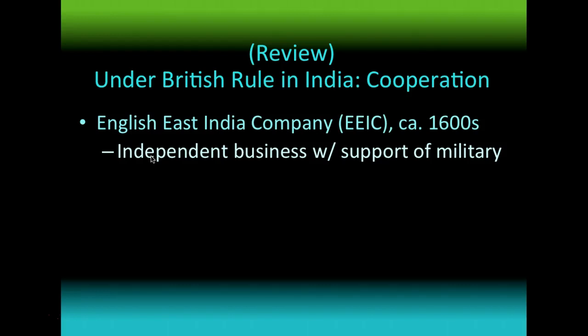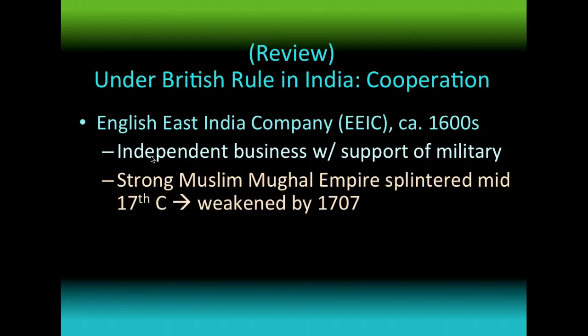They are a group of people who come together with money to support an independent business, but they have the support of the British military, which is a trip to think about. How do you have a private business being supported by the British military? Similar to, say, McDonald's going into another country and having the American military protect the rights of McDonald's, not the people in McDonald's, but the actual company itself.